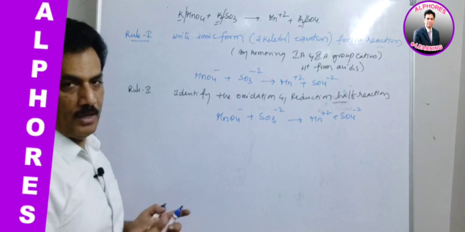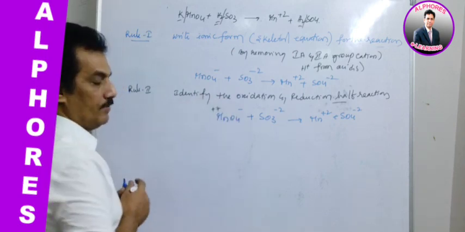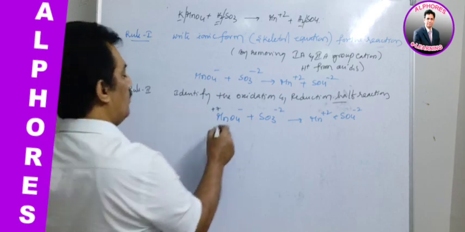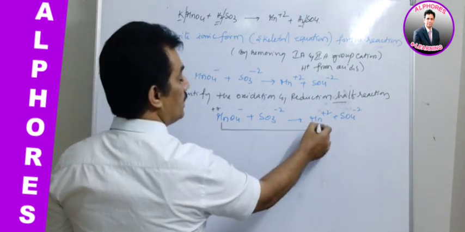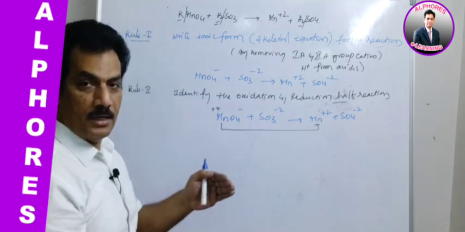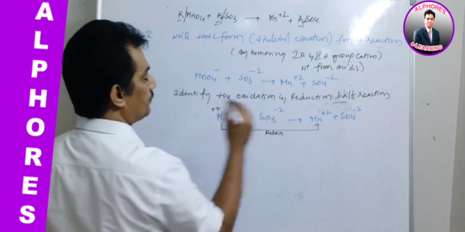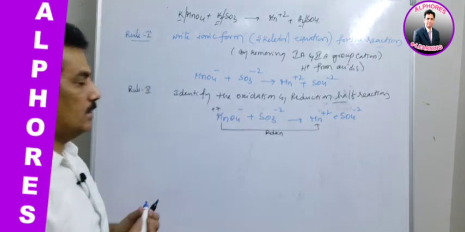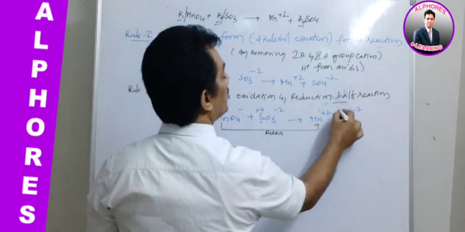Thereby we can identify. Simply by applying the rule, we can get this is in +7 oxidation state. So now from +7 to +2, whether increase or decrease, it is a decrease, and thereby it is nothing but reduction. Clear? And now here it is +4, but here it is +6.